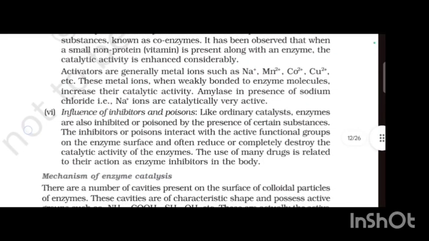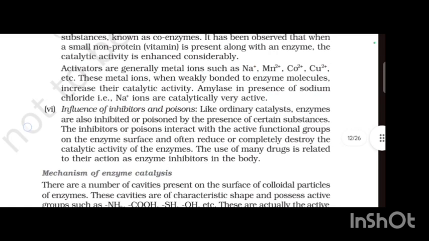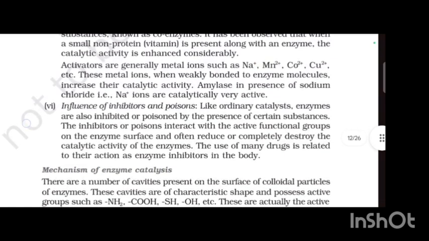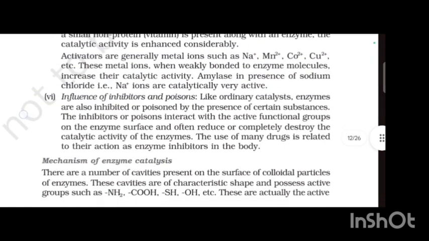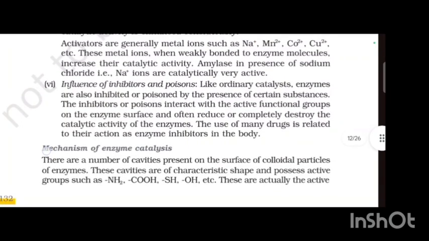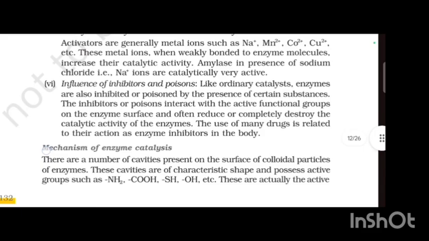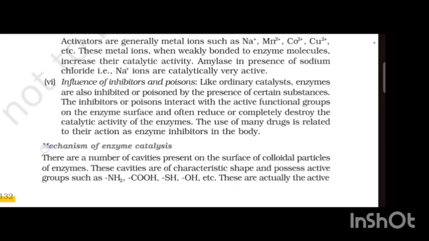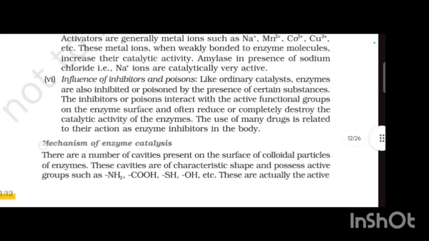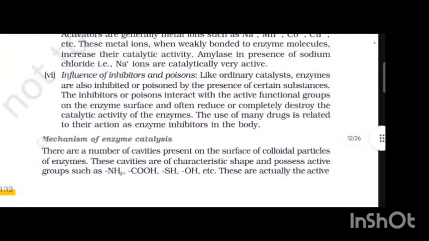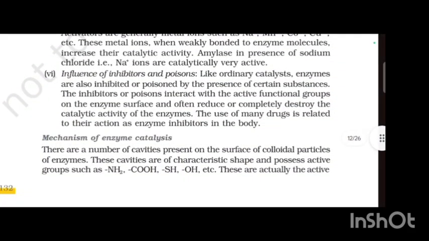It has been observed that when a small non-protein vitamin is present along with an enzyme, the catalytic activity is enhanced considerably. Activators are generally metal ions such as Na+, Mn2+, Cu2+, etc. These metal ions, when weakly bonded to enzyme molecules, increase their catalytic activity. Amylase in presence of sodium chloride, that is Na+ ions, is catalytically very active.